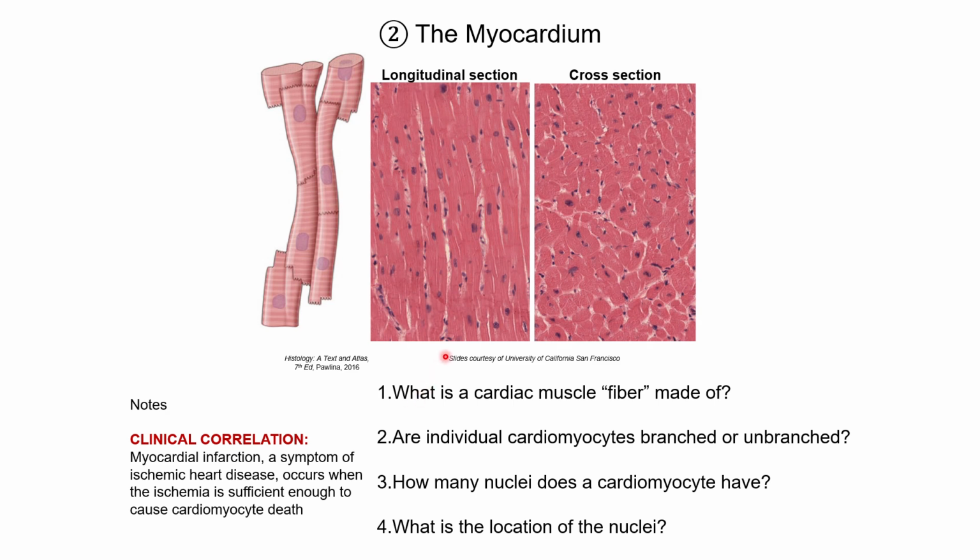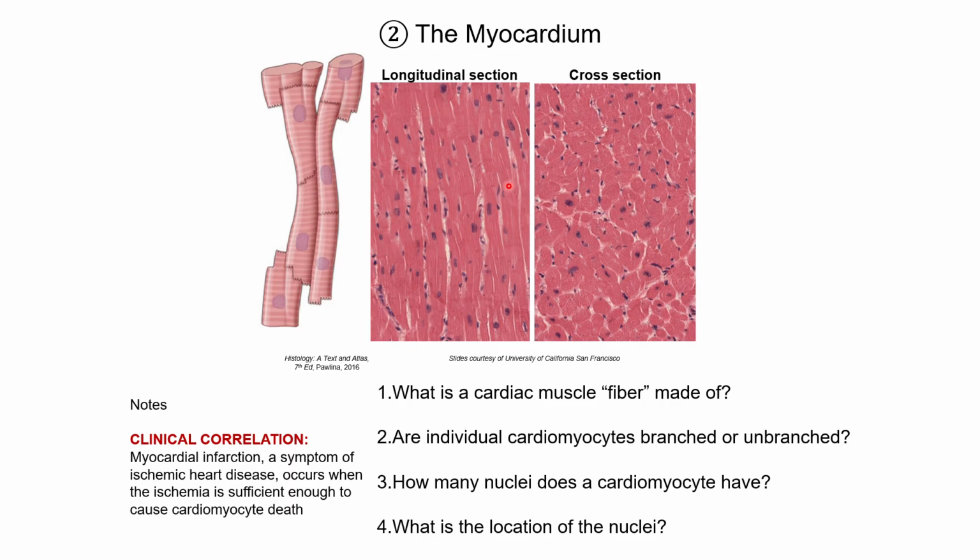Another look at the myocardium of these cardiac muscles under the microscope. This is a longitudinal view whereby you see long fibers, and some bifurcations sometimes can show, like here. And this is a cross section of the same muscle.